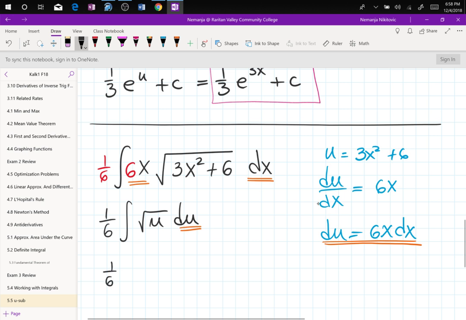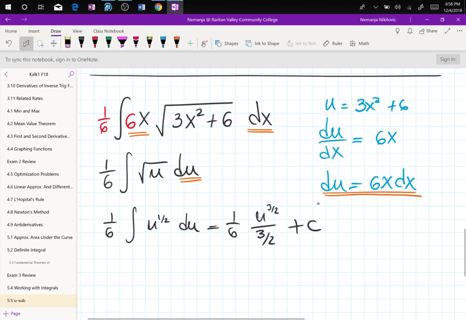I have 1 over 6 integral of u to the 1/2 du, which is 1 over 6 u to the 3/2 over 3/2 plus c. And then we just bring back the x variable.